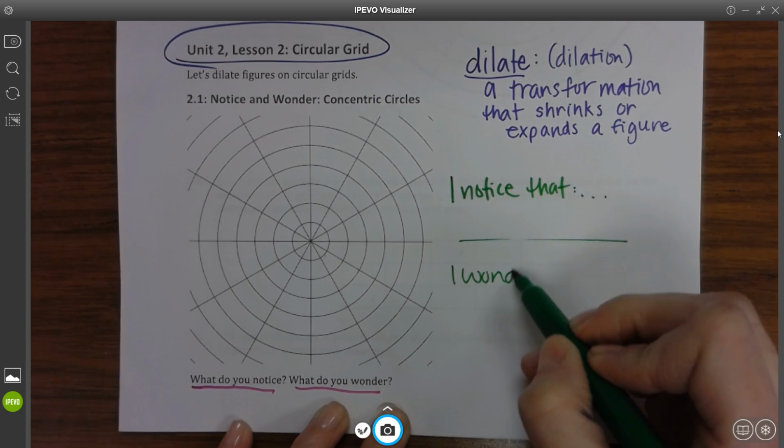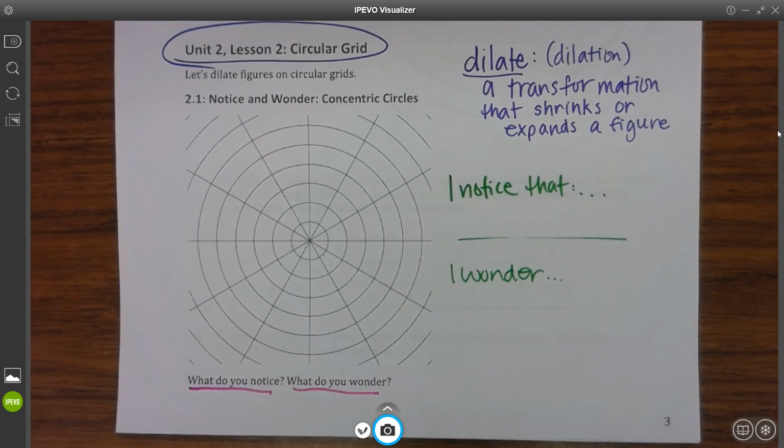Then something that you wonder. You may be able to take what you noticed and turn it into a wonder. So if you noticed that there was a center in the middle, you could wonder, does that center of the circle have something to do with this dilate that we just learned about? Or why are the circles cut by these lines?